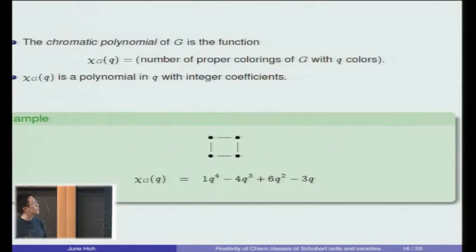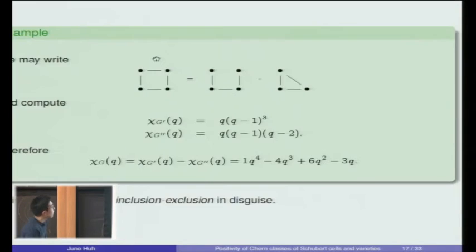But if you want to actually compute this chromatic polynomial for a given graph, what would you do? There is only one natural way of doing it, namely the so-called deletion-contraction algorithm. What you do is the following. You pick one of the edges, whatever edge, it always works.